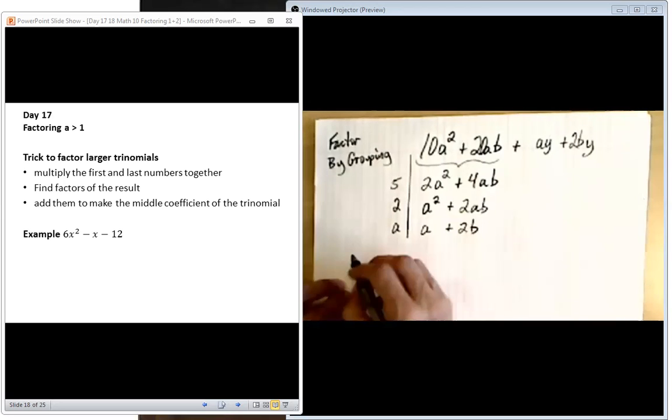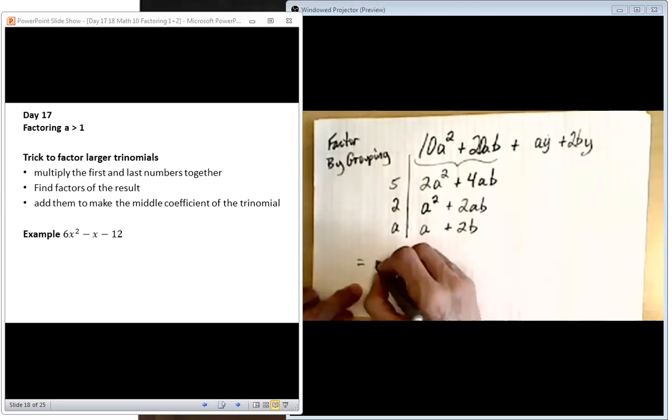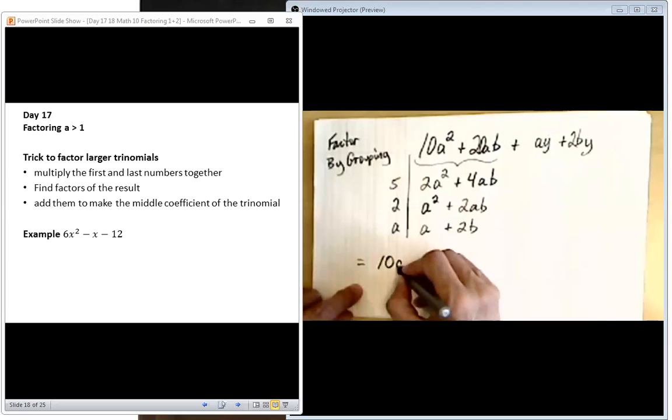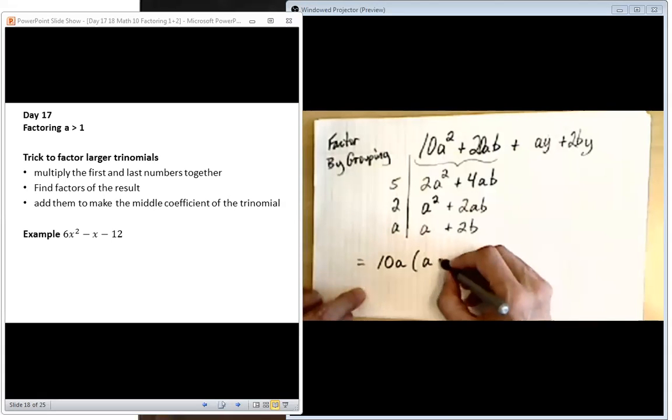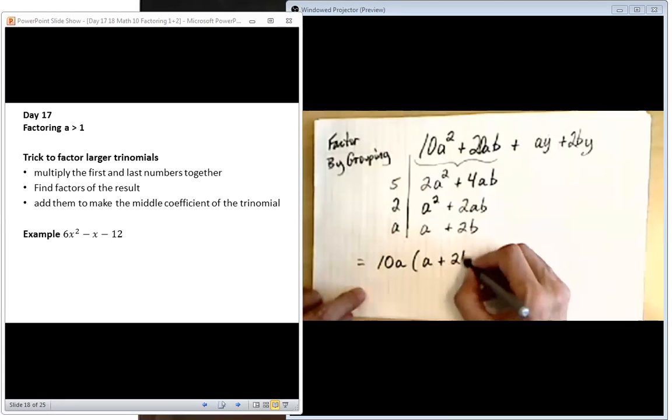We could go to the next step, right? So what's it going to look like? 10a there. 5 times 2 times a, 10a, that's right. Nice. So that's good for that.